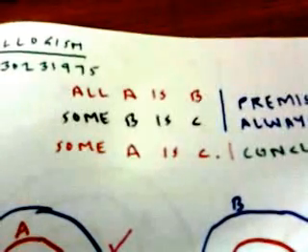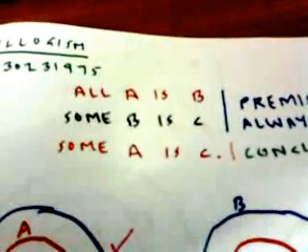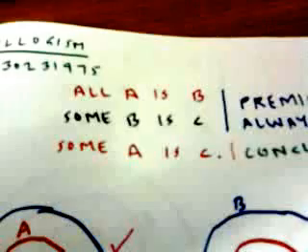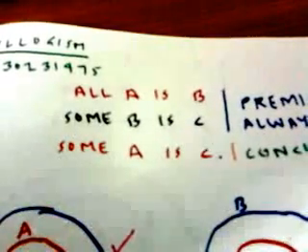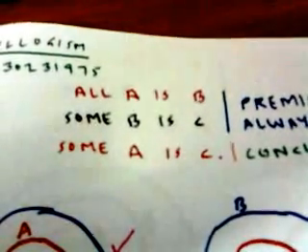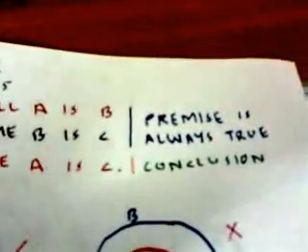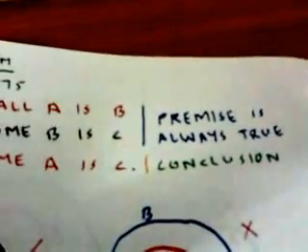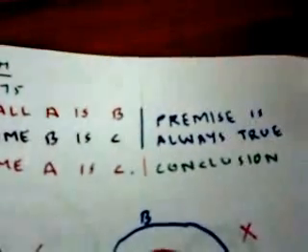The first statement connects A with B, the second statement connects B with C, and the third one connects A with C. The first two are called premises or statements which are always true.